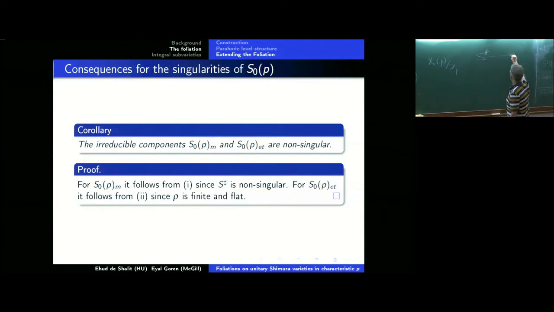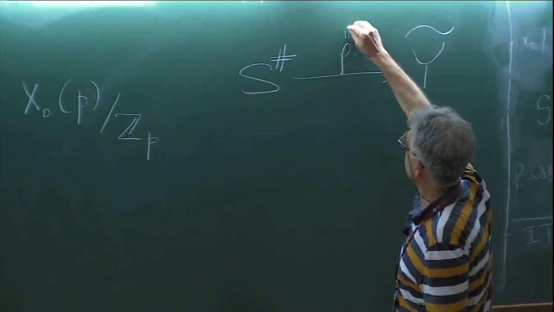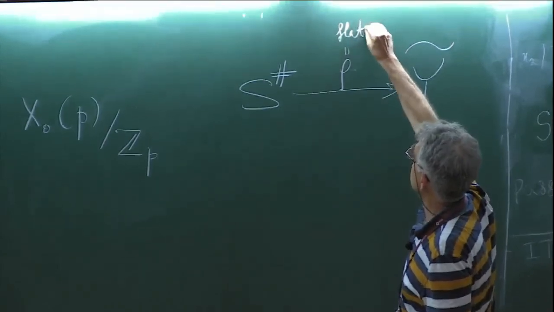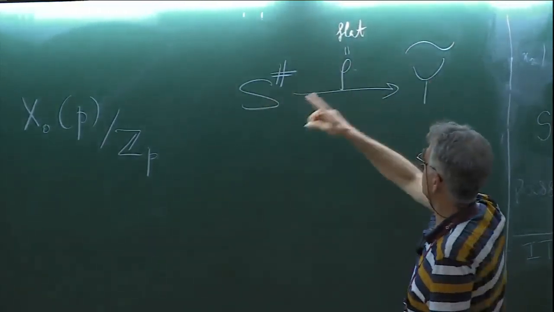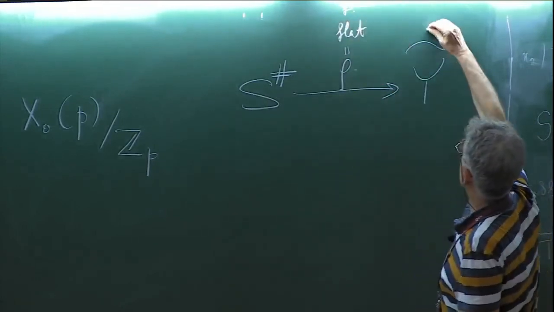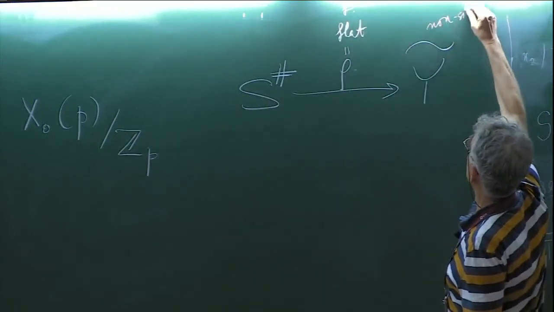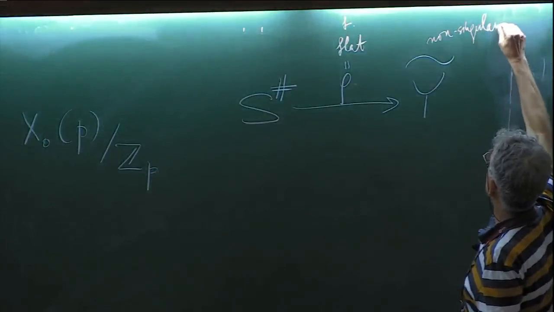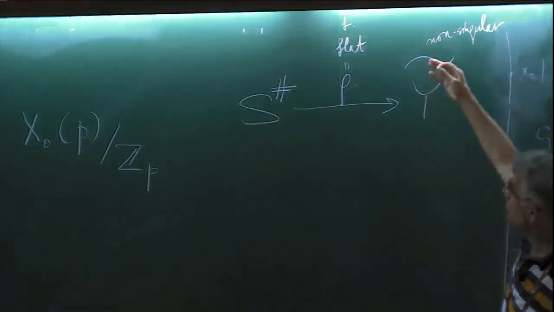So we know that we have something, let's denote it by y tilde, and rho, and we know that this is flat. Because this is a foliation, the quotient is a finite flat map, of course, and this is non-singular. So this was from this theorem of Jacobson generalized, which is non-trivial.